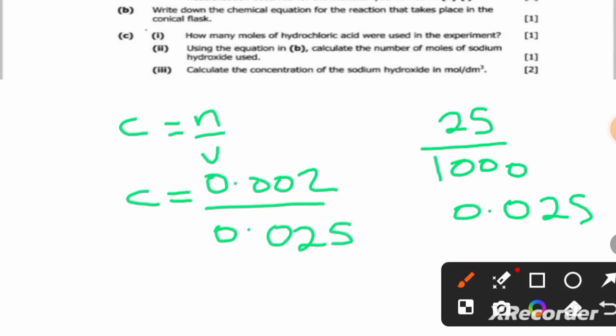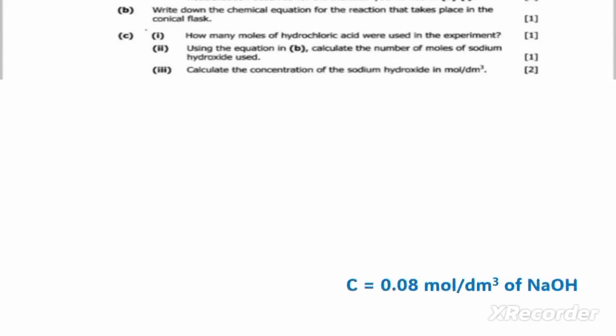So if we say 0.02 divided by 0.025, we are going to get 0.8 moles per cubic decimeter. So we are told to find the concentration of sodium hydroxide in cubic decimeters. As we can see, we have successfully managed to answer this question.